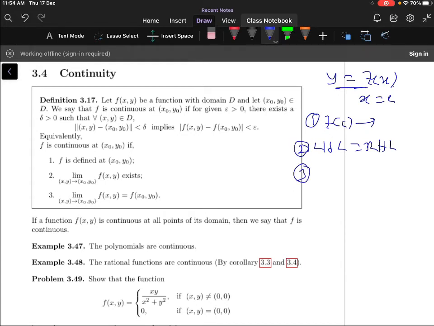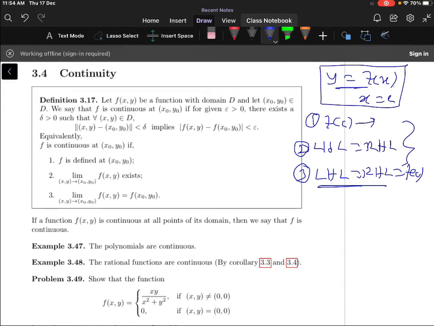And the third condition, left hand limit is equal to right hand limit is equal to the function value at c. If these three conditions hold, then we can write the function is continuous at x equal to c. We have seen that for a function of a single variable.